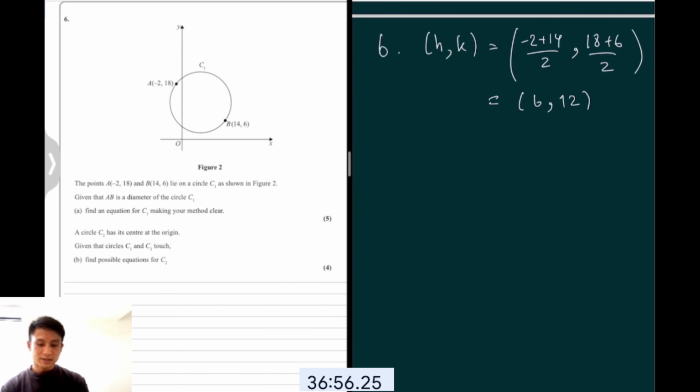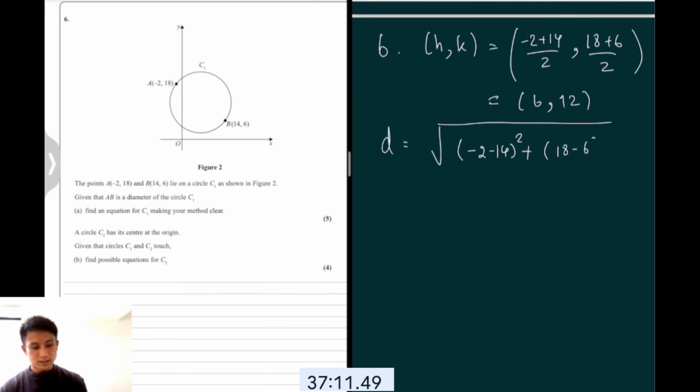And then the radius, you can use the distance from the center, but I'm just going to use the diameter here, which is the square root of (minus 2 minus 14) squared plus (18 minus 6) squared. Then r is half of that.